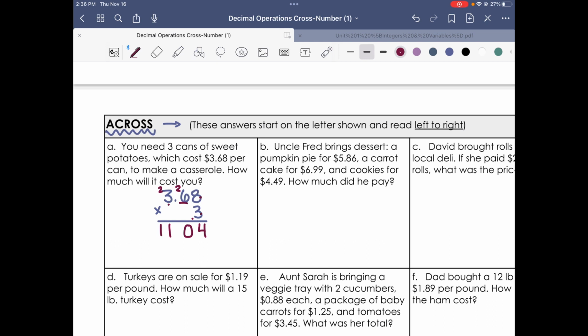And since there were 2 numbers after the decimal place, we're going to move the decimal back 2 spaces. 1, 2. So our final answer is $11.04. So I'm going to go find A on my crossword and write the number 11.04.